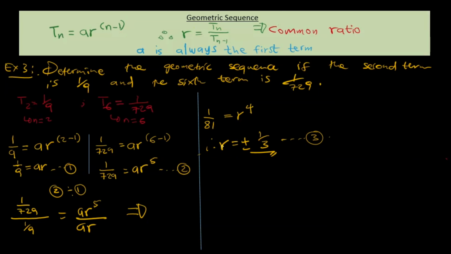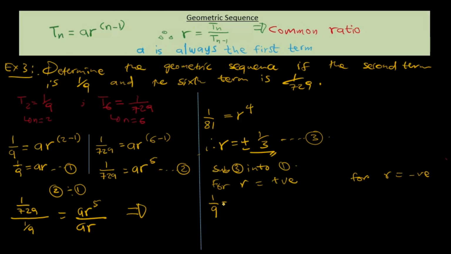To get the value of A, you're going to substitute equation 3 into equation 1. Equation 1 is very simple, that's why I chose it. For R positive, from equation 1, I have 1 over 9 equals A times R, where R is 1 over 3.